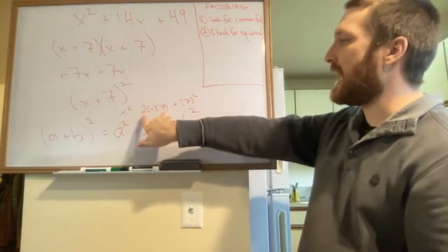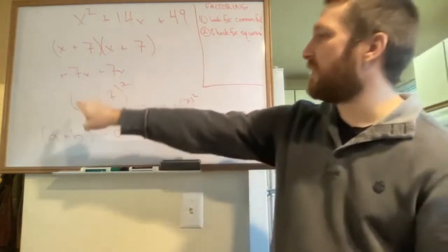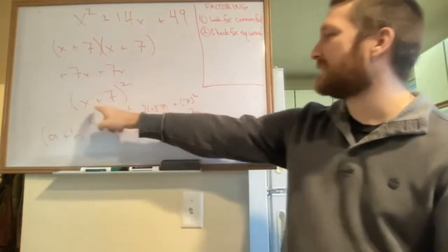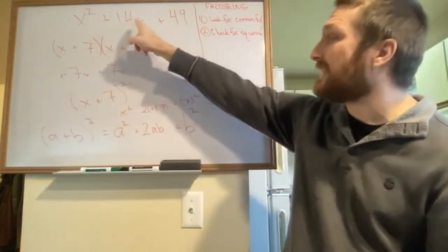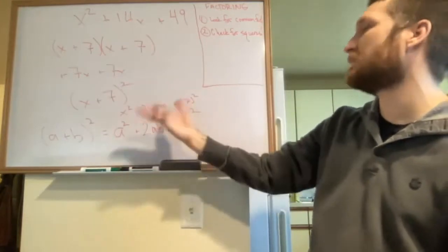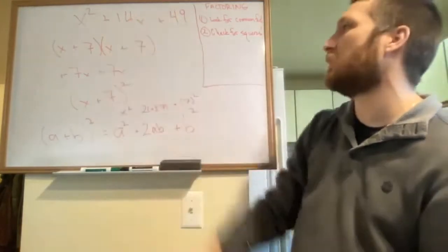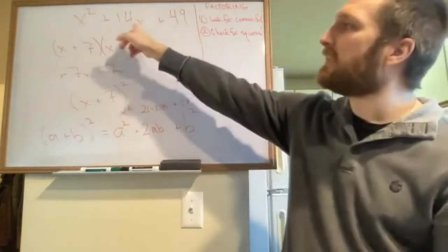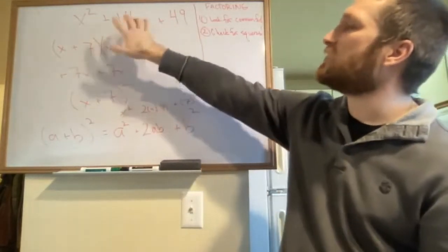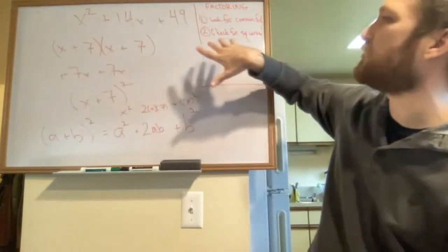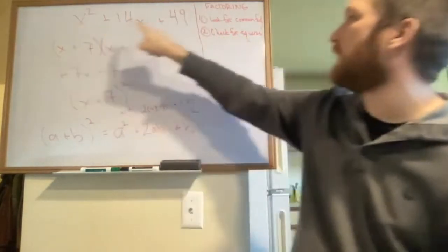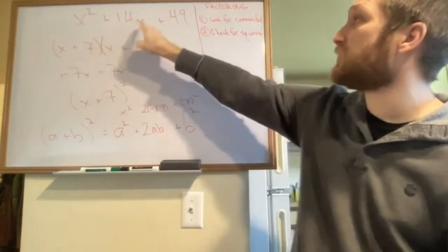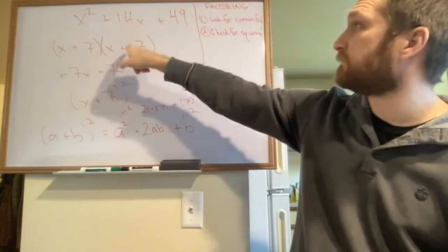And then we could see, yeah, 2 times a times b is 14x. 2 times 7 is 14, and the x just comes along. So when I say check for squares, it's like, well, that's a square, and that's 2 times as much as the first square.